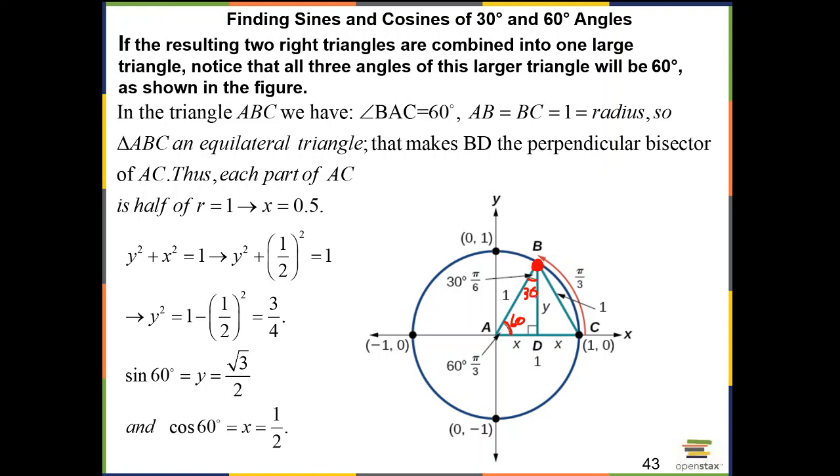So that's the 30 degrees. And if you drop a perpendicular here, and this is 90 as well, then this triangle right here, again, would be an equilateral triangle, right? So that means all the sides are the same.